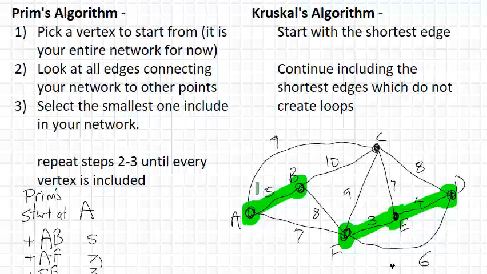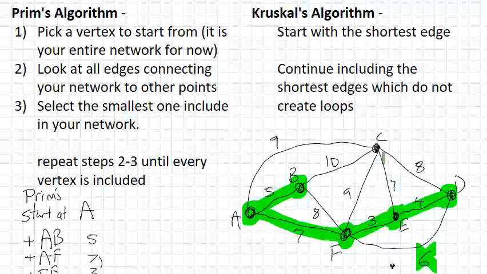The next smallest edge technically is FD, but that would create a loop, a cycle, and we don't want to create any loops. So the next smallest edge, well, after we ignore the 6, is, well, then there's 2 of these 7s. So in fact, if both of these connected across the same gap between our networks, we could pick whichever one we want and there would be 2 equally good solutions.